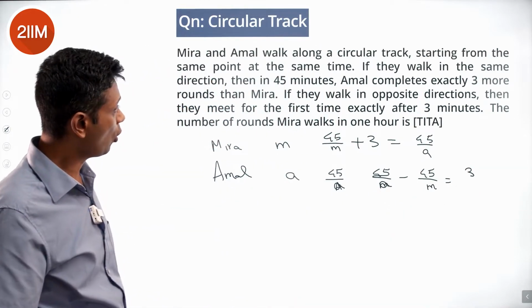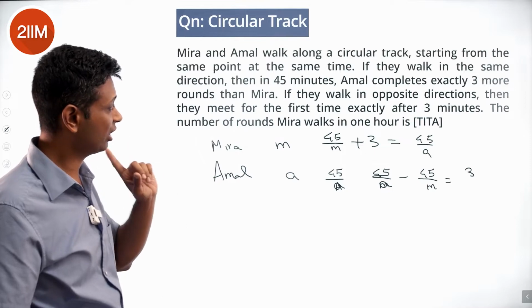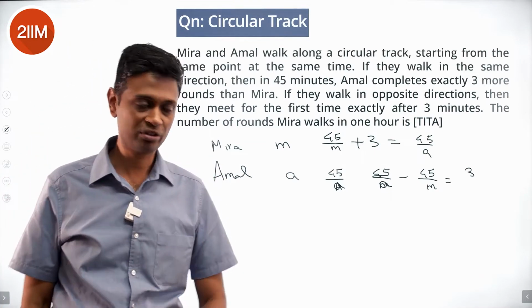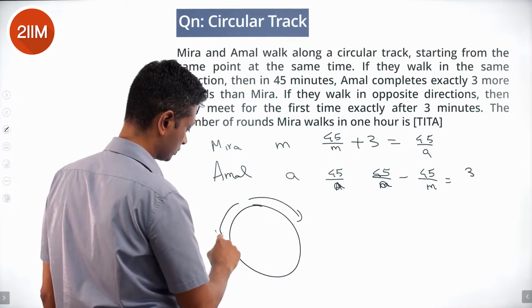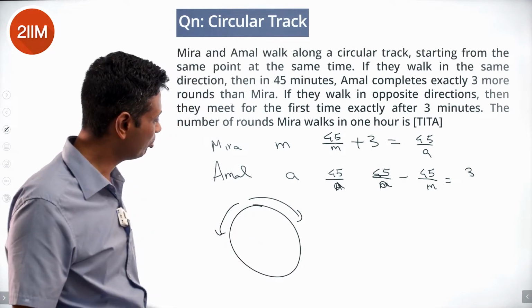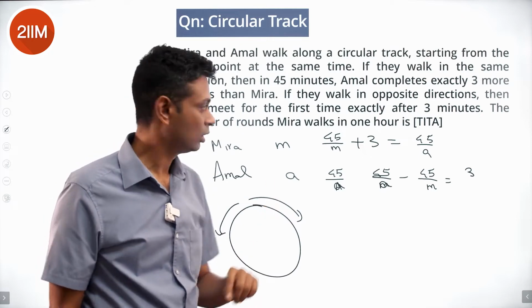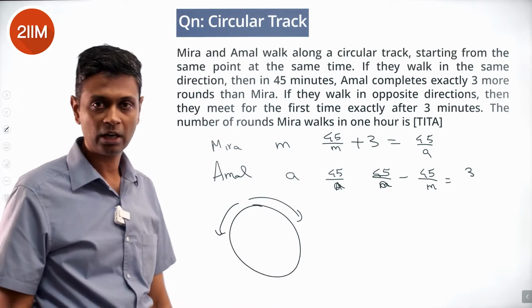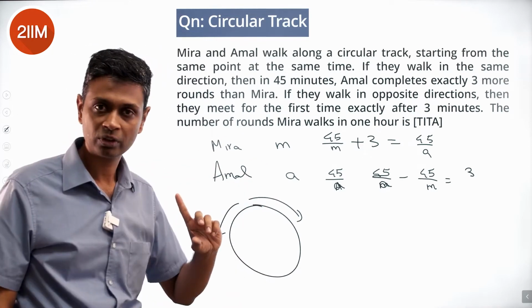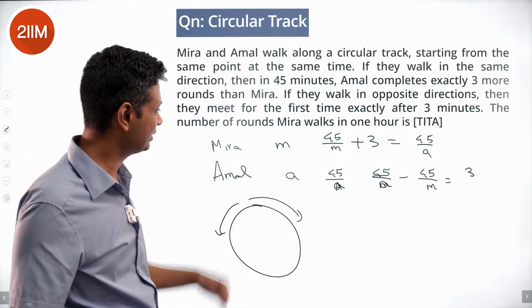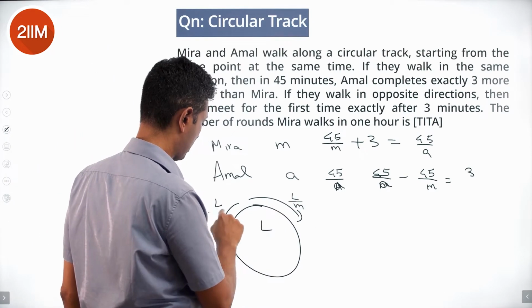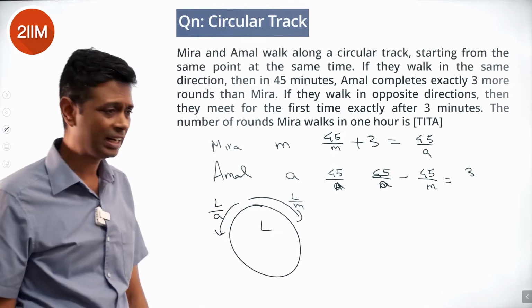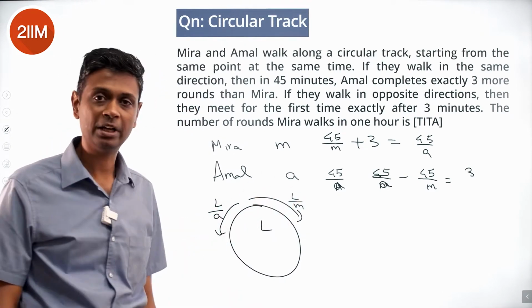Nice. They walk in opposite direction, then they meet for the first time exactly after 3 minutes. And so, to complete a lap, Mira takes m minutes, Amal will take a minutes. Or the speed at which they travel is lap by m, lap by a. The relative speed will be lap by m plus lap by a.